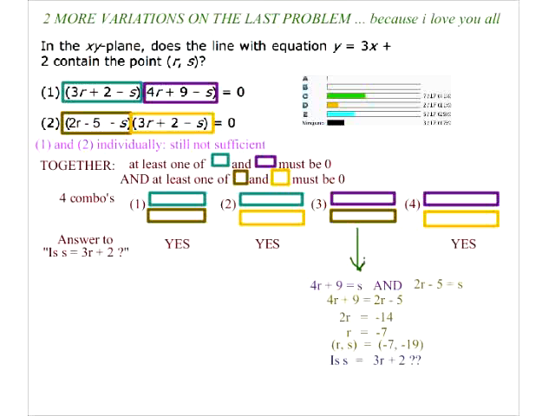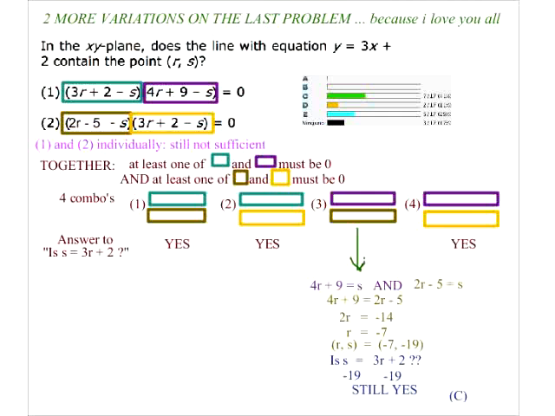S is negative 19, and 3R plus 2 is also negative 19. So that looks like it works. This is still yes, so this answer is still C.